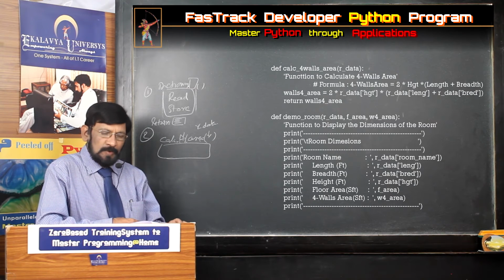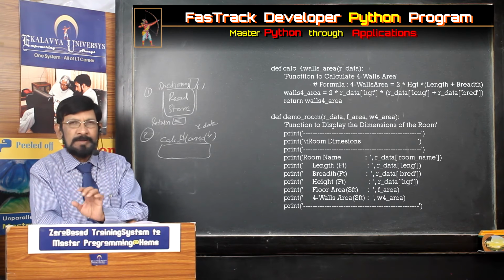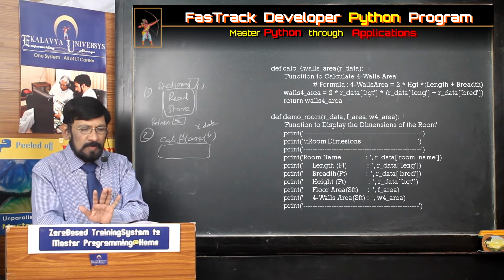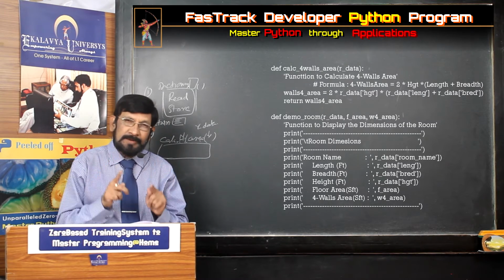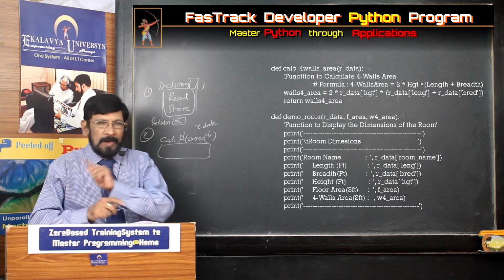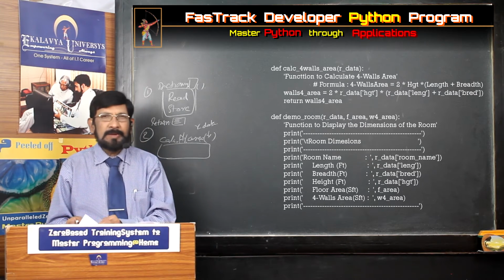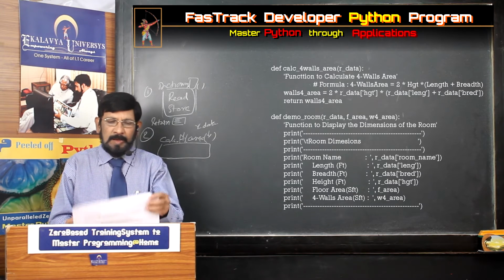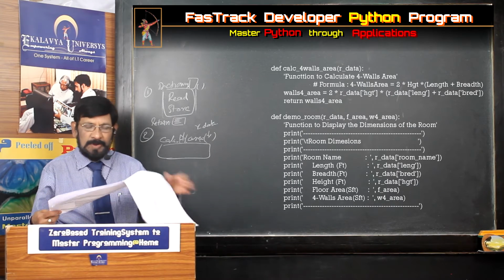Three data items we have to pass. Then inside, using print and escape sequences, we write all the output statements in order to generate the formatted output I showed to you. That point you have to understand. Now all four functions, 1, 2, 3, 4, we have defined.